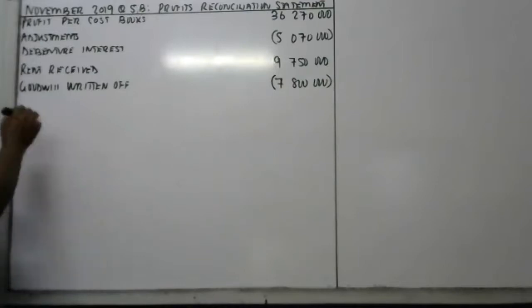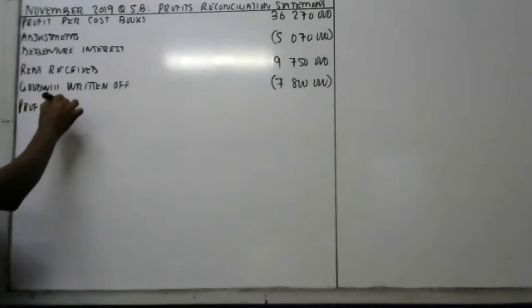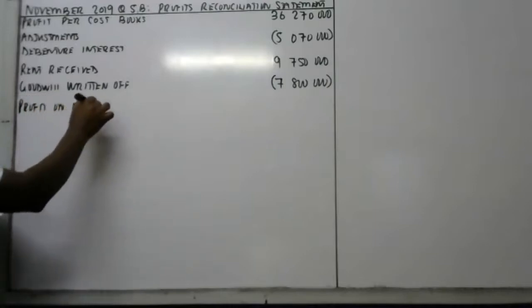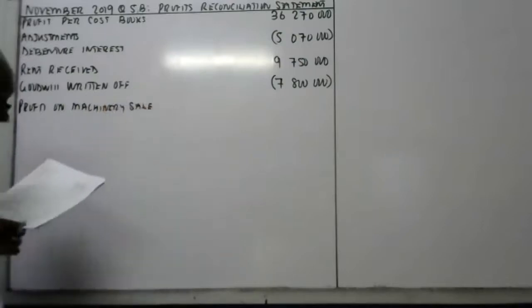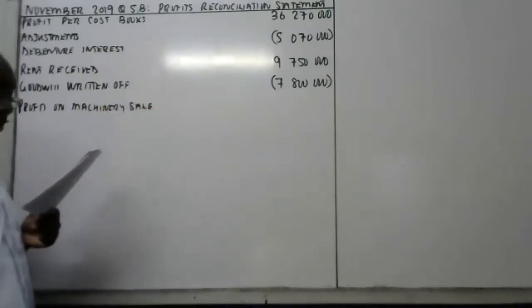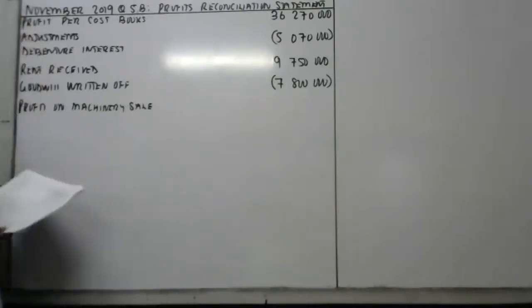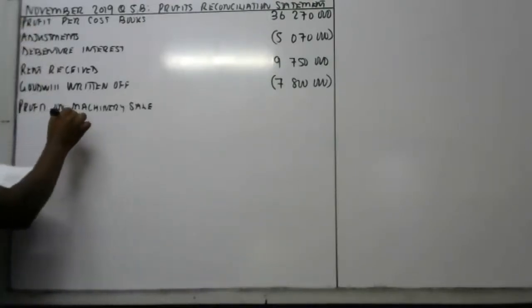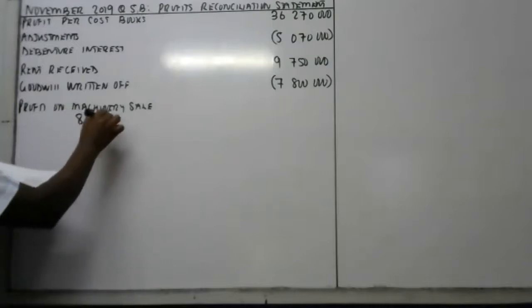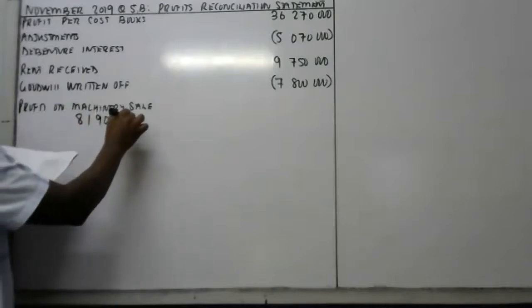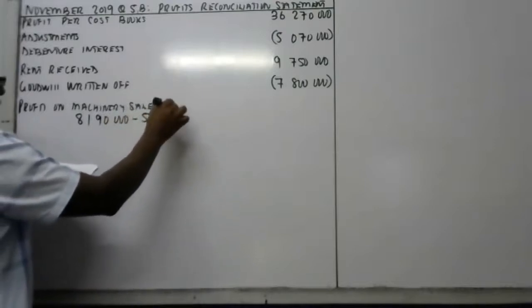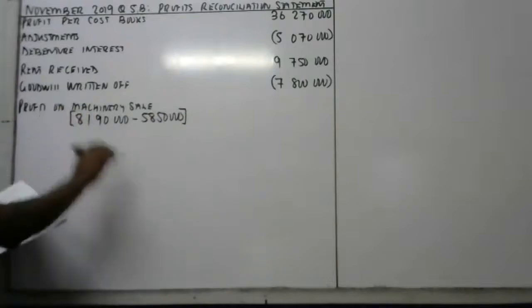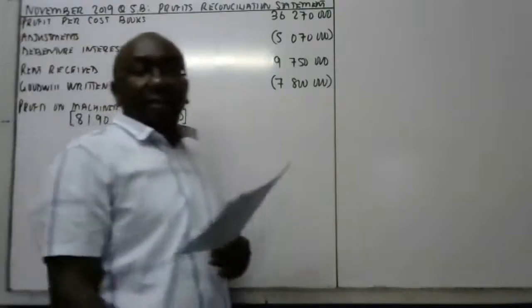Machinery. Now that one we call it profit on machinery sale. And as you can see, that machinery was sold for 81,90,000. And the book value was 58.50. So what profit is that?